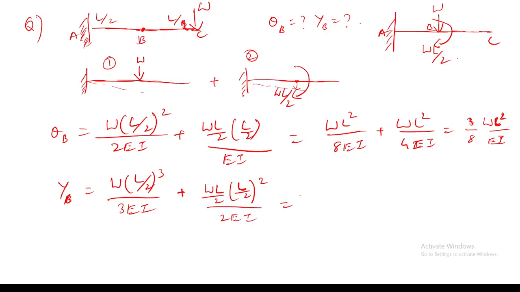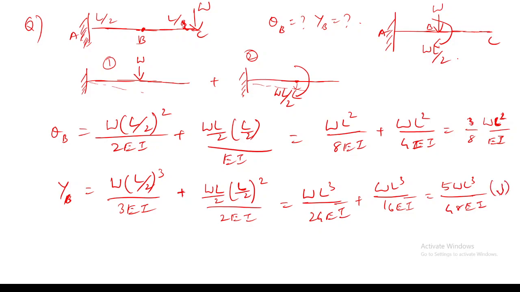So when I add both these things, it will be WL cube divided by 2 cube 8, 24 EI plus WL cube divided by 2 square 8, 16 EI. So it will be 5 WL cube divided by 48 EI and in the downward direction.